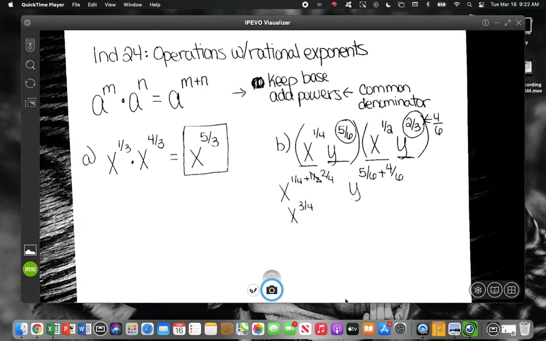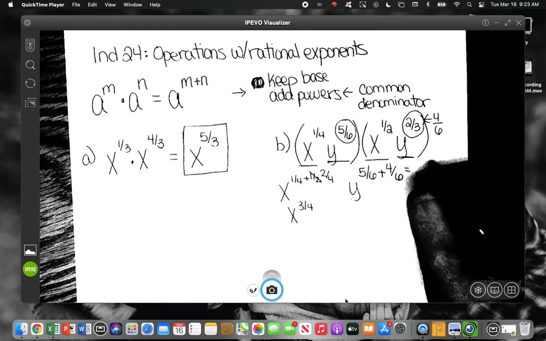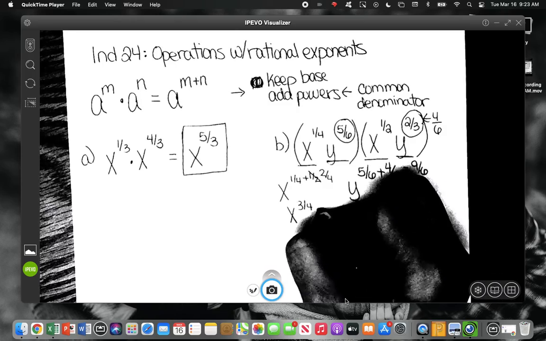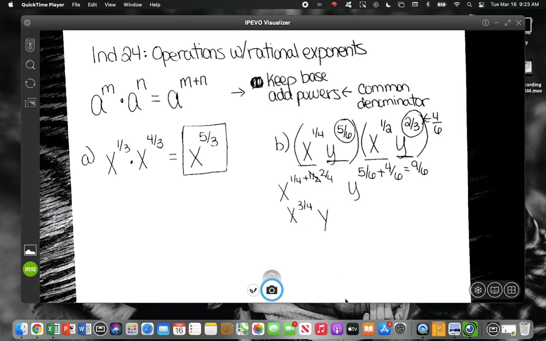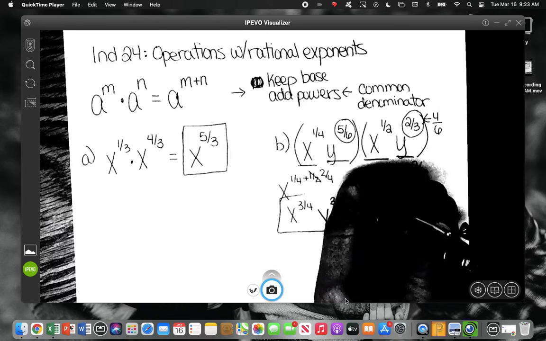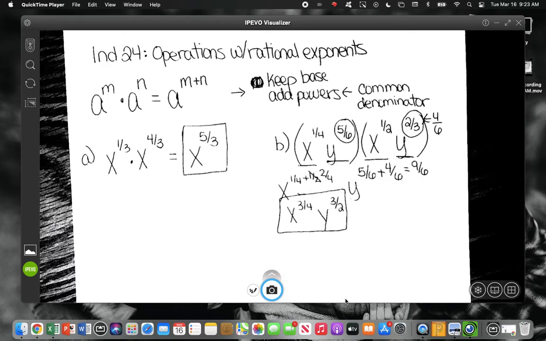So to get common denominators, we add 5/6 plus 4/6, which is 9/6, and can that be reduced? What is 9/6 reduced to? 3/2. So we are simply adding our fractions, getting common denominators if we need it.